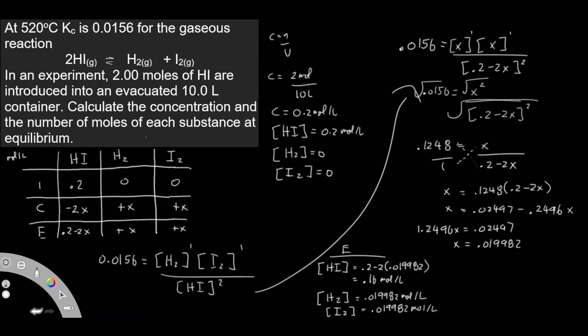The question does ask for moles as well. So as long as you just multiply by whatever the liters was, so you've got 10 liters over here, 10 liters over here, 10 liters over here. Obviously, these liters cancel out. So you end up getting, for the amount of moles for our HI, 1.6 moles.